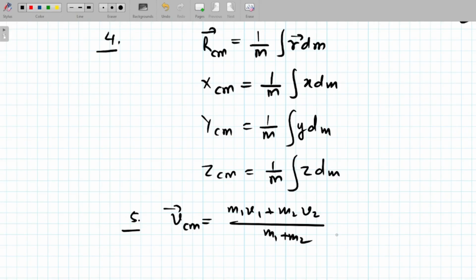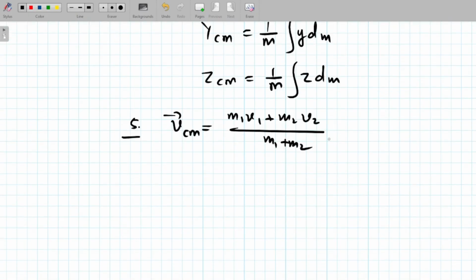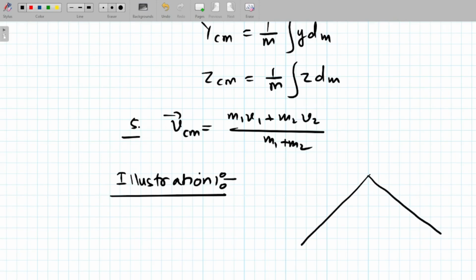Now let us do application questions. So let us say I take illustration 1. First illustration, let us say there is a triangular lamina. We are learning the application part now, how to apply this whole thing.